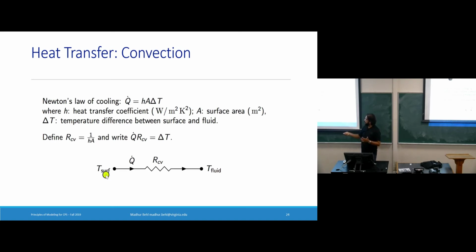But it's the exact same mathematical equation as conduction. The only difference is this coefficient now has a property of the fluid and the area rather than the conductivity and area and length. Okay, so both those things hold.